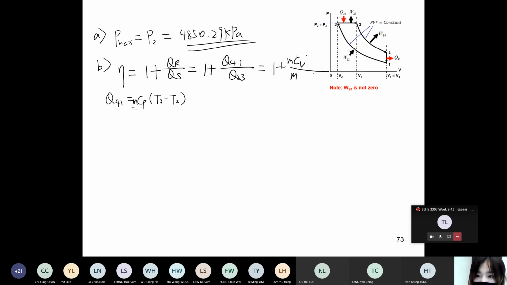What's wrong with this pencil? T4 minus T1, that should be CP T3 minus T2, okay? For this equation, any problems?